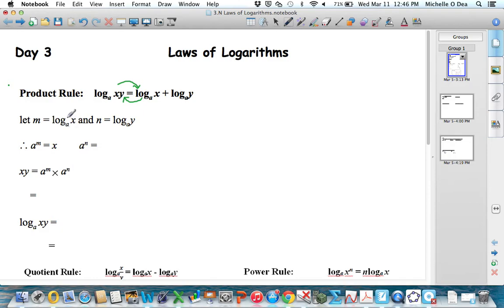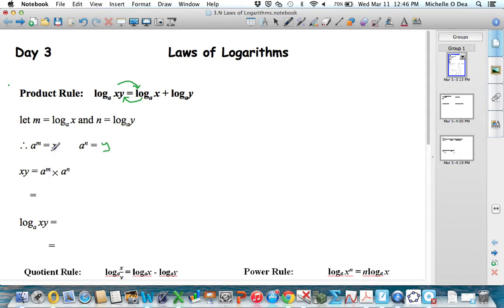If we rewrite this expression as an exponential, the base of the log becomes the base of the exponential, what it's equal to becomes the power, and the x is what it's equal to. So then if we rewrite n equals log of y base a, the base of the log is the base of the exponential, what it's equal to becomes the power, and that must be equal to y.